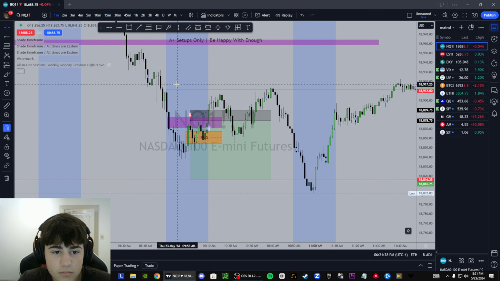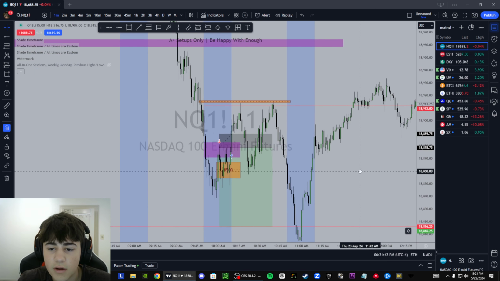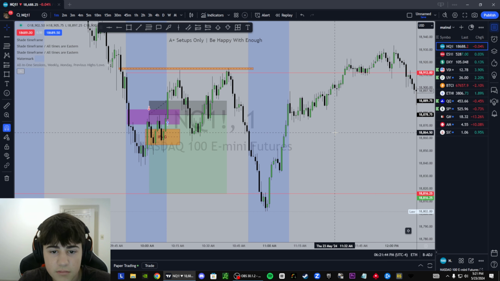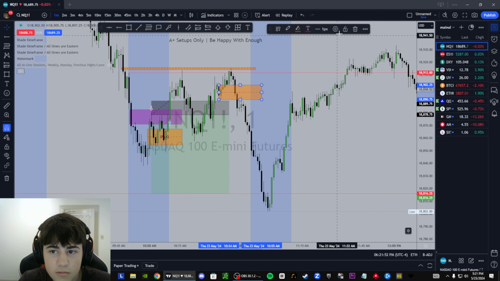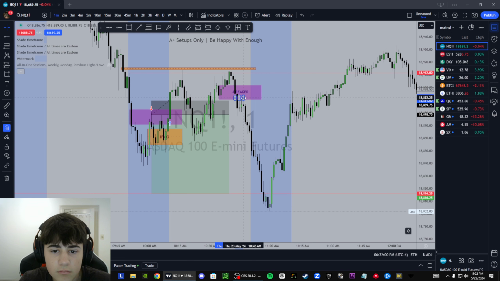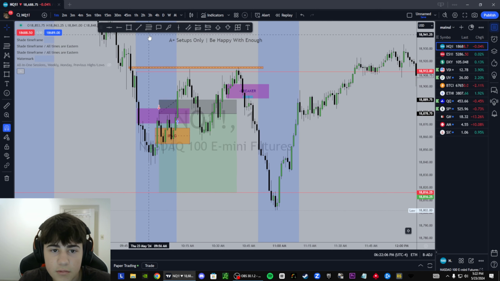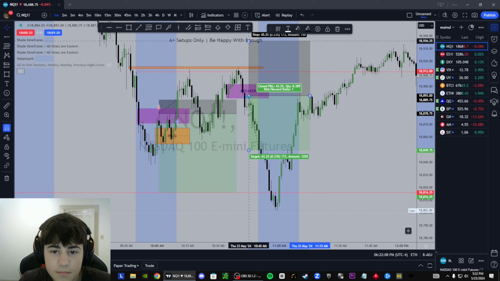So we never hit this order block, but we did tap this tiny fair value gap right here. I wouldn't probably use that, but what I would use is this breaker block right here and this fair value gap to get an entry right here.